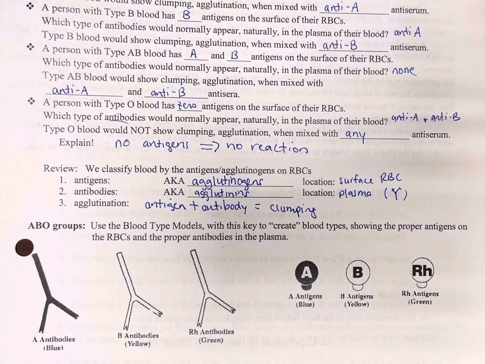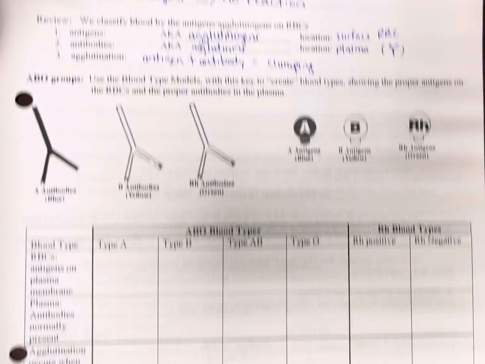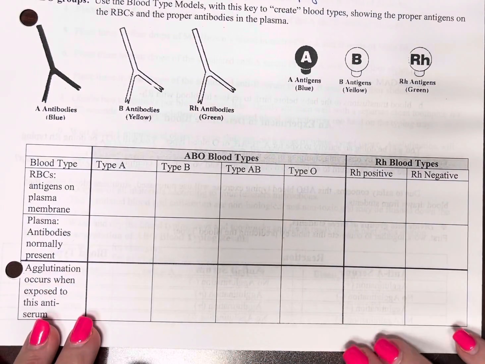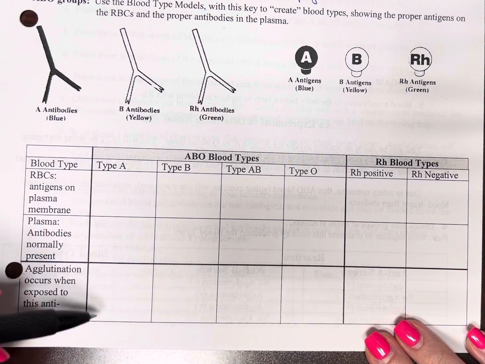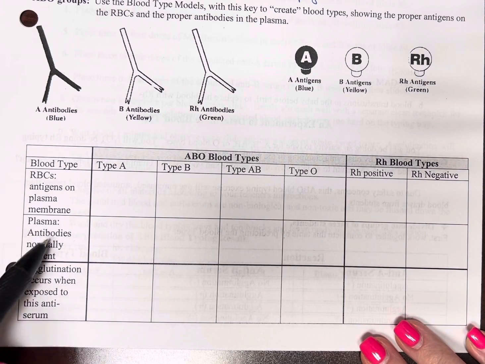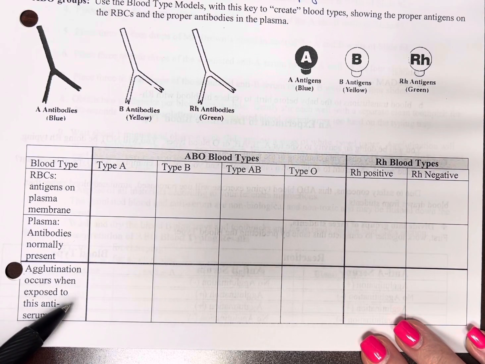All right, so let's work on this in the context of a chart. Okay, so there's several things to deal with. Let's work in columns, and you could also work in rows, but I want to work in columns because I think it's going to reinforce these concepts a little bit better.